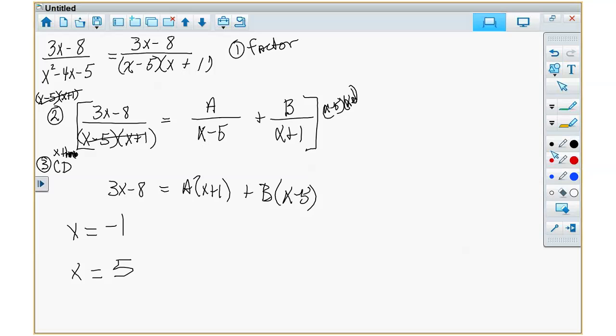So when you plug in -1 for x, 3 times -1 minus 8 is equal to a times -1 plus 1, plus b times -1 minus 5.